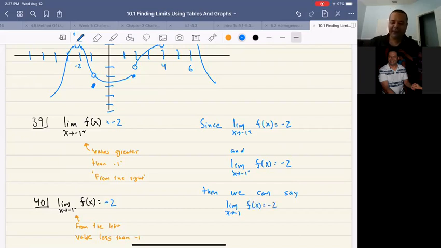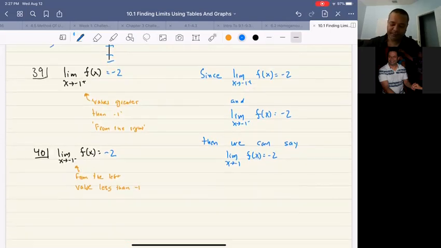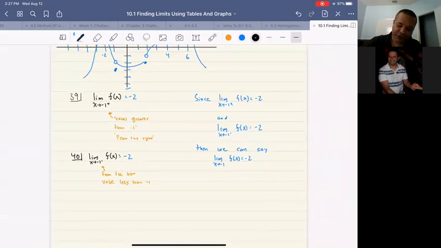So in this case, we can say that this limit exists, because the limit from both sides exists and they are the same. So that's question 41. The limit as x approaches -1 of f of x equals -2.